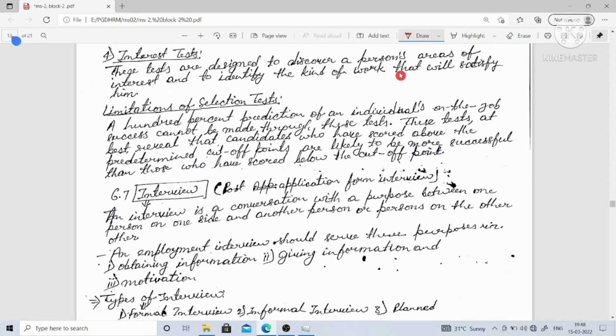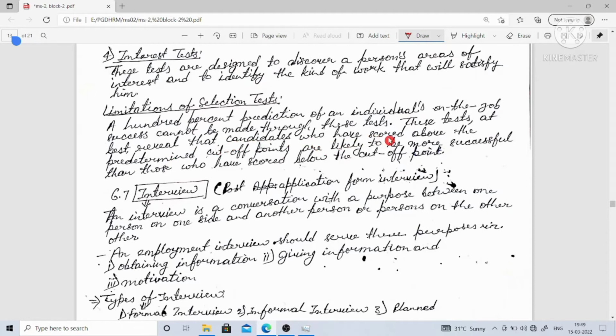Limitations of selection tests. Some limitations are there in the case of selection tests. So 100% prediction of an individual's on-the-job success cannot be made through these tests. This is not a 100% solution for the success of individuals on the job. These tests at best reveal that candidates who have scored above the predetermined cutoff points are likely to be more successful than those who have scored below the cutoff point.